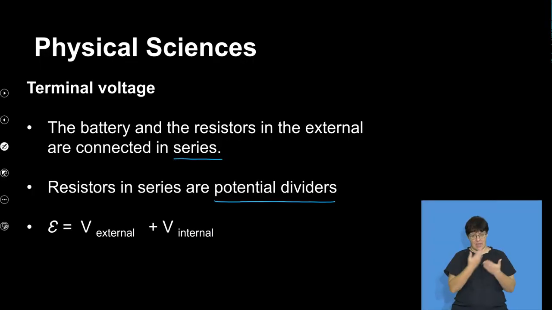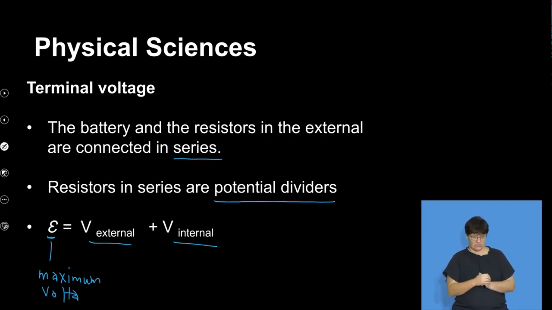Right, so in other words, we are saying that this maximum potential difference, which is the EMF, is split between the external circuit and the internal circuit, which is the battery in this case. So in short, we are simply saying that EMF becomes the maximum voltage, but this maximum voltage is for the battery, right?